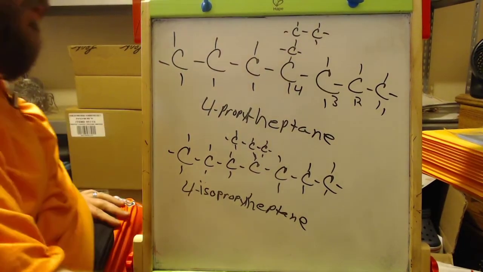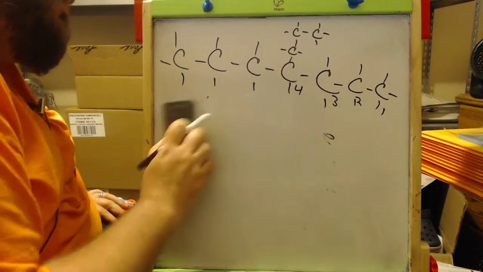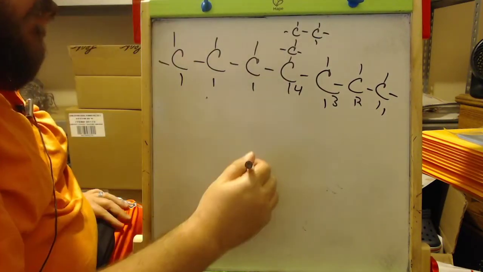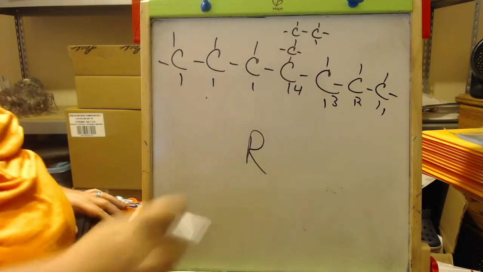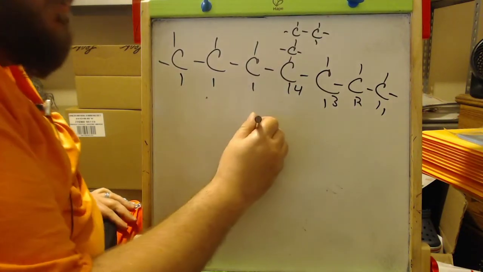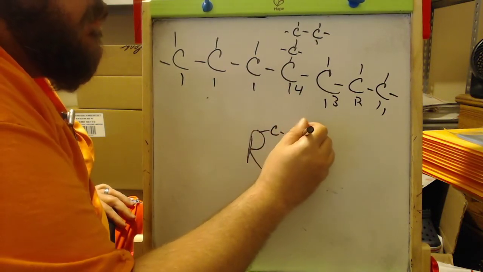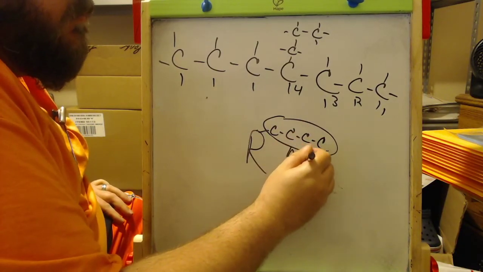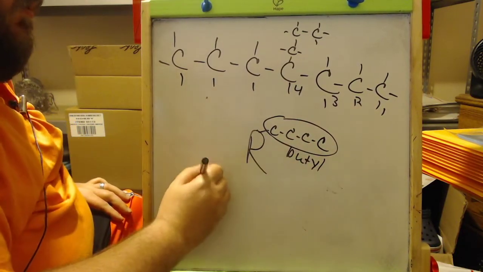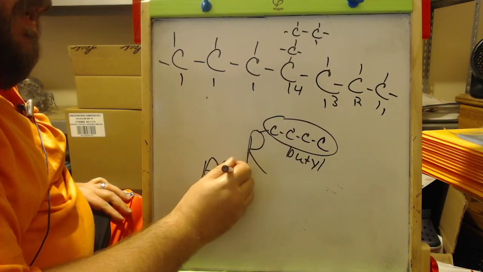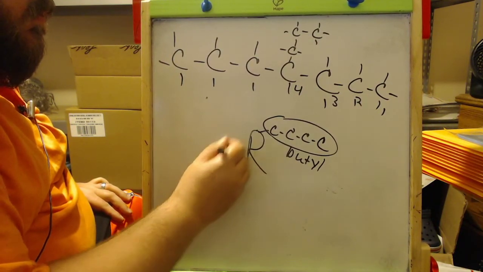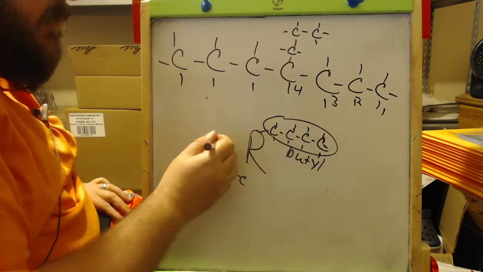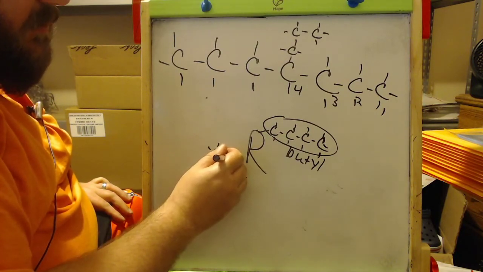The other place this happens, I just want to show you. Let's say I have a carbon chain. The letter R represents a carbon chain. Coming off of it, I have 4 carbons. This is known as a butyl group. If I have my carbon chain, but this time it attaches to the second carbon, and I'll draw the other hydrogens in just for OCD purposes.